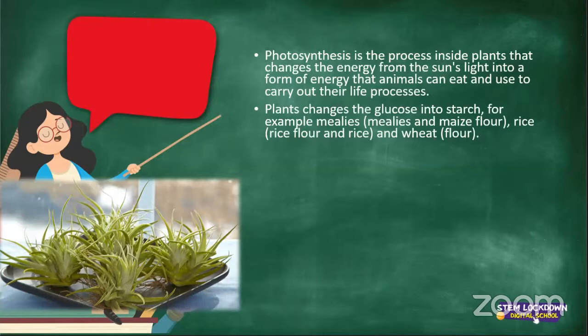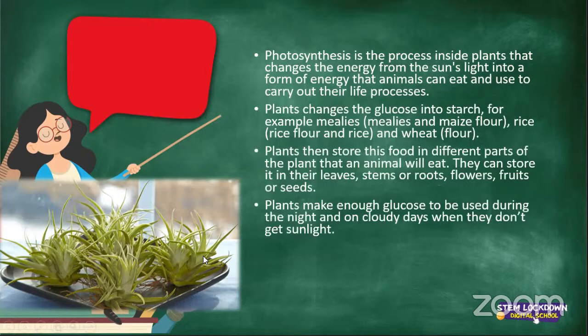So that is why we rely on plants so much, and why photosynthesis is so important, because we need food such as mealies and flour, and that happens because of photosynthesis. Plants then store this food in different parts of the plant that an animal will eat.